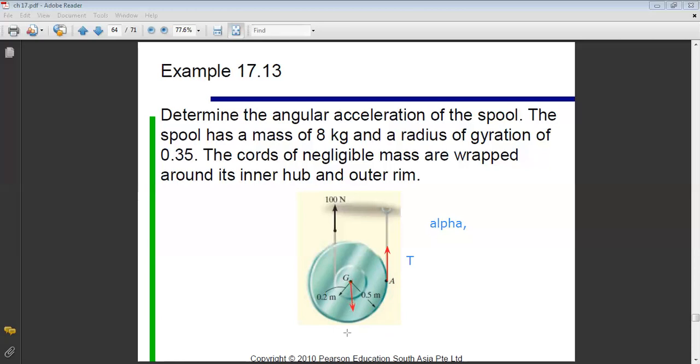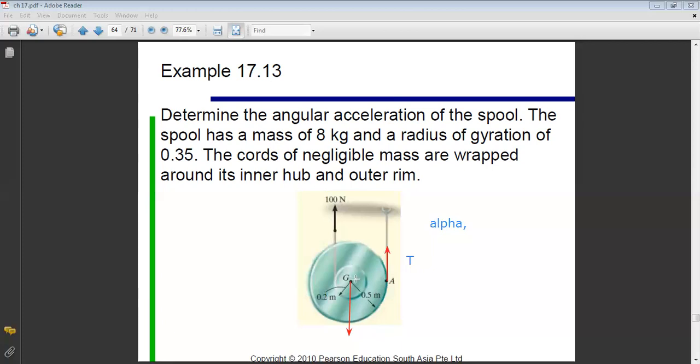This is W. And we know that the acceleration of G will be in which direction? It's upward along the y direction.